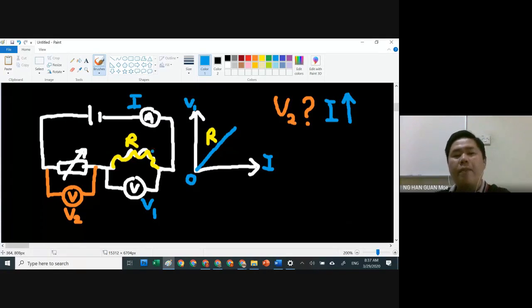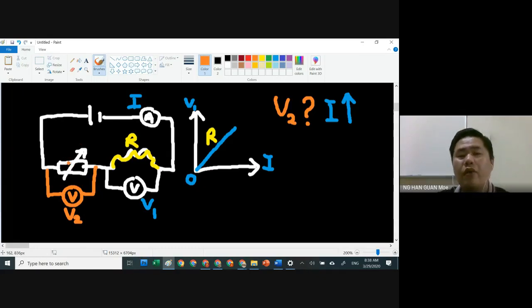For the overall circuit here, why is the rheostat able to control the current flow? The rheostat itself is an adjustable resistor.